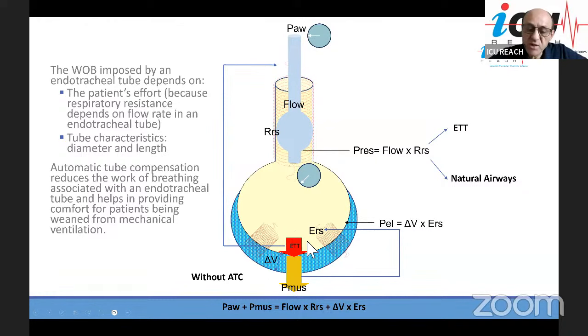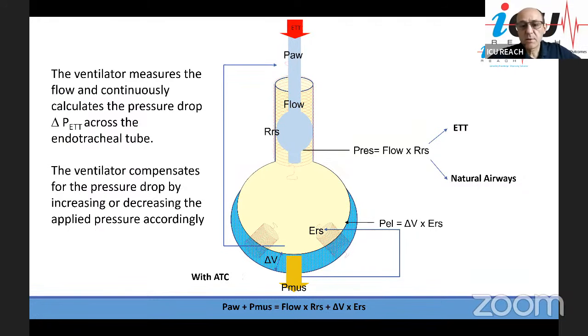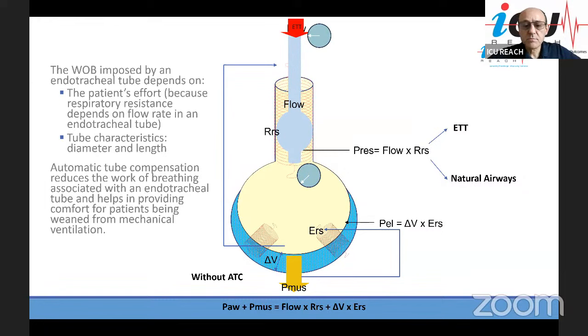But there is a part of that pressure here that the patient would do to overcome the resistance of the ET tube here. And when we set the ATC, we take this away from the patient and give it to the ventilator. So again, this is the pressure that the patient has to do. All we do with ATC is just take this away from the patient and give it to the ventilator.